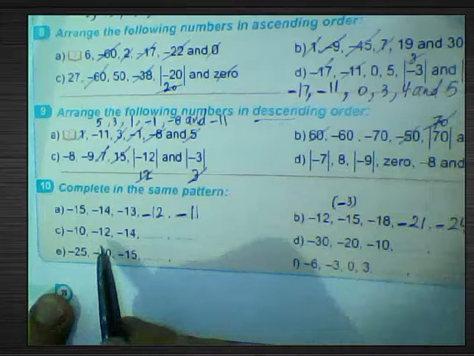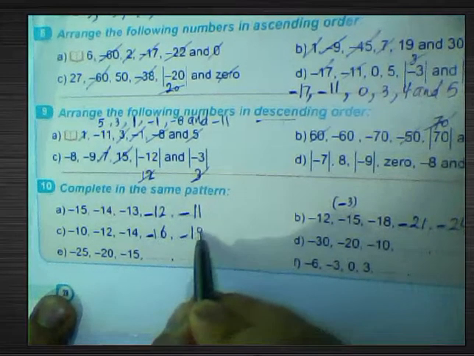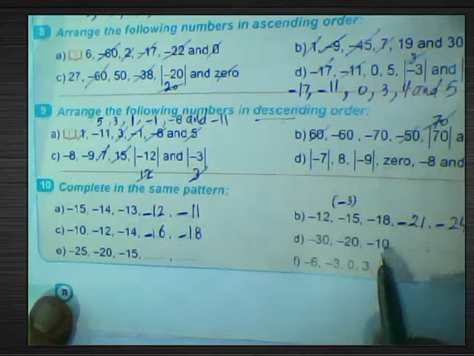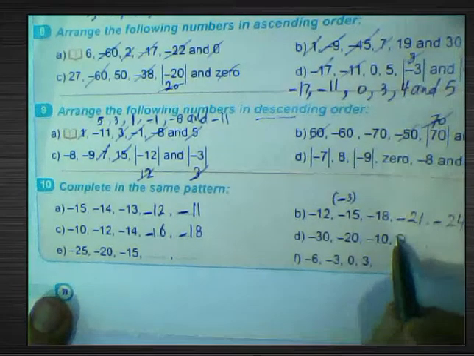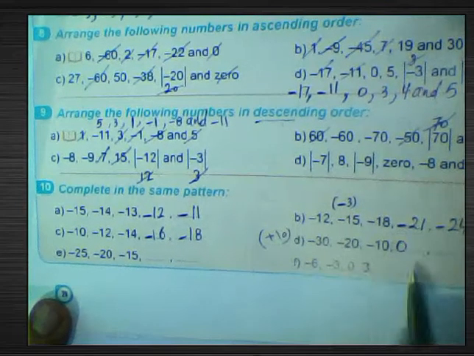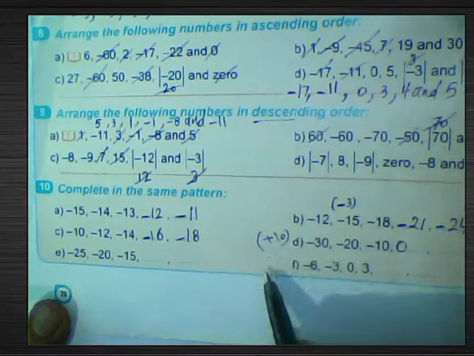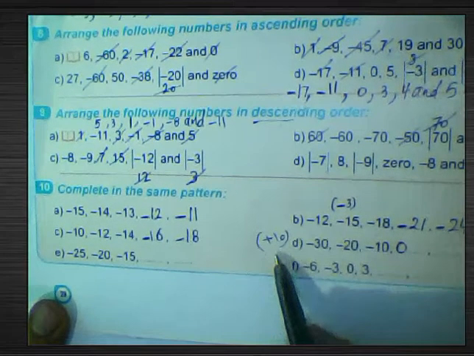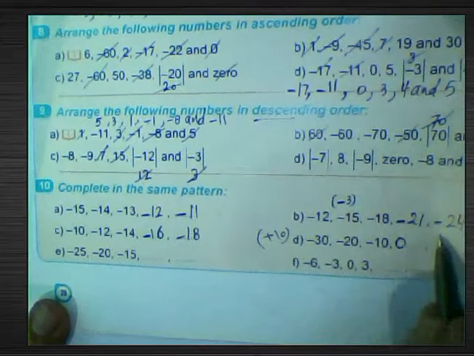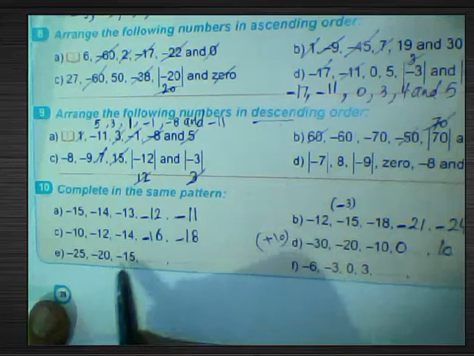-10, -12, -14, -16, -18. -30, -20, -10, 0, because the rule here is to add 10 in the same pattern. The rule will be +10. -30, -20, -10, 0, 10. -25, -20, -15.